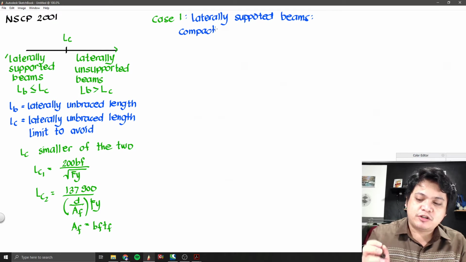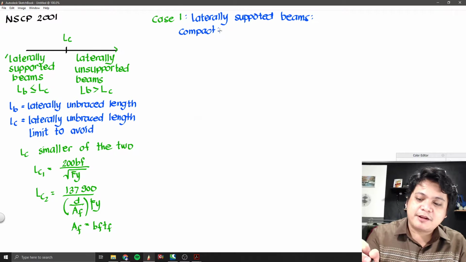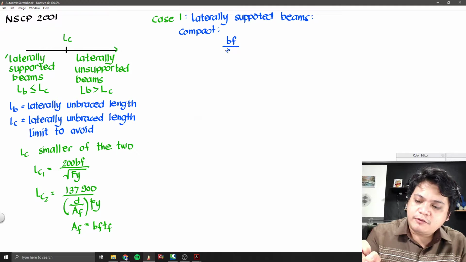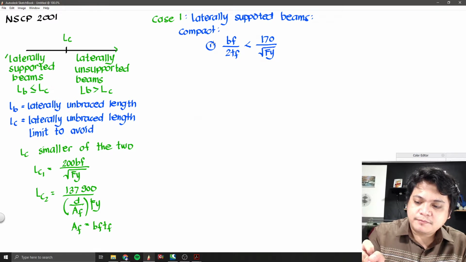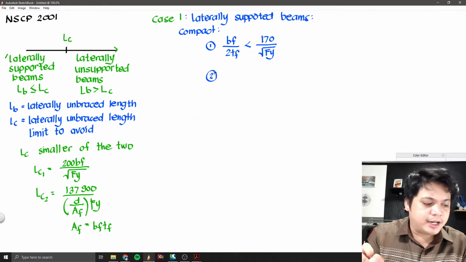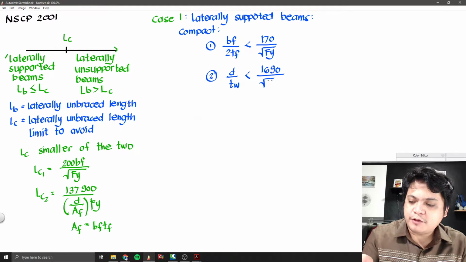For a compact section, how do we know if it is compact? For 2001, we have two criteria. First, BF all over 2TF should be less than 170 all over square root of FY. Second, D all over TW is less than 1690 all over square root of FY.